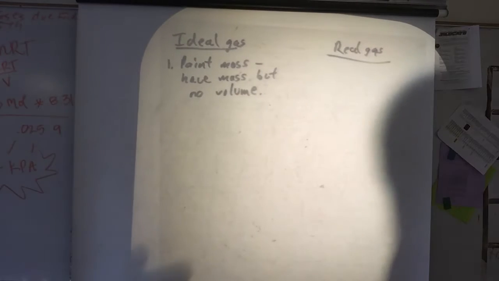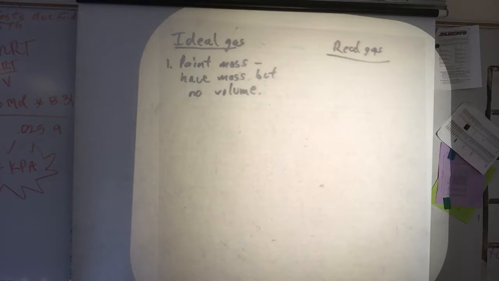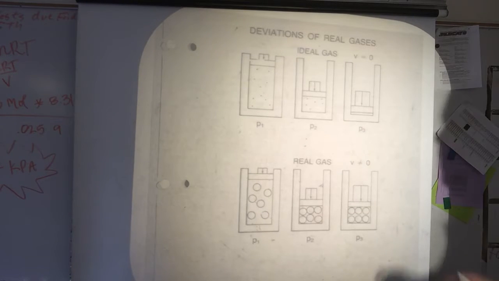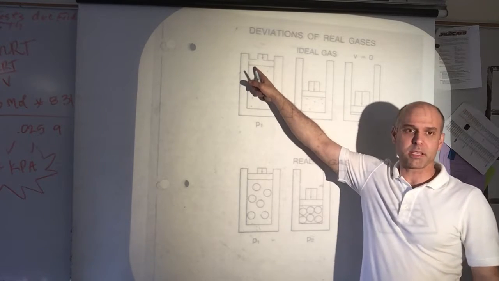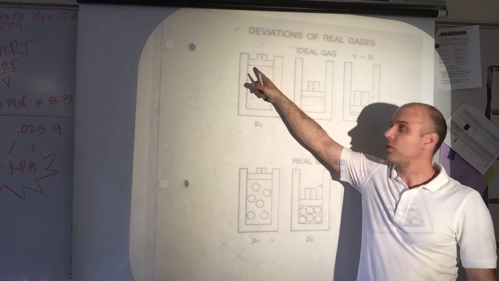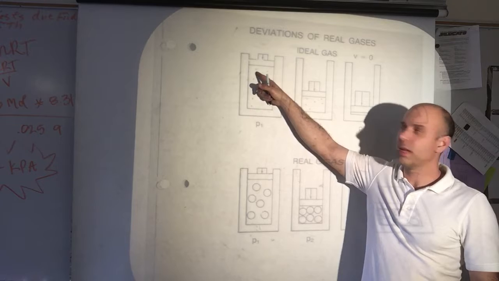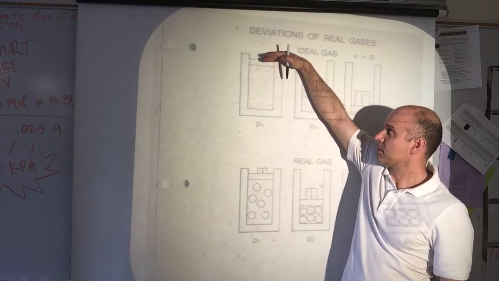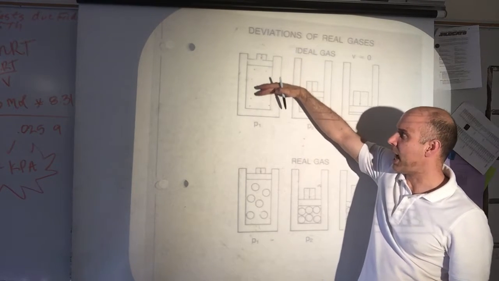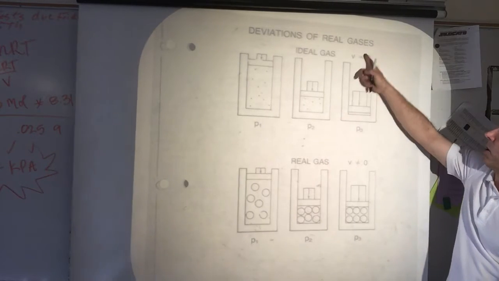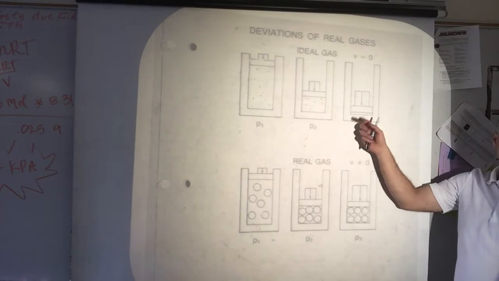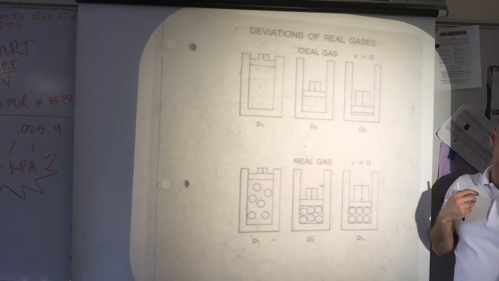And I'll keep flipping back and forth between this and my diagram, so don't worry if you don't get it down right away. But when you look at this, pretend the gases have absolutely no volume. They're like tiny little dots. If that's the case, when I compress my gas, I could compress the volume all the way to zero because the gas particles don't take up any volume.